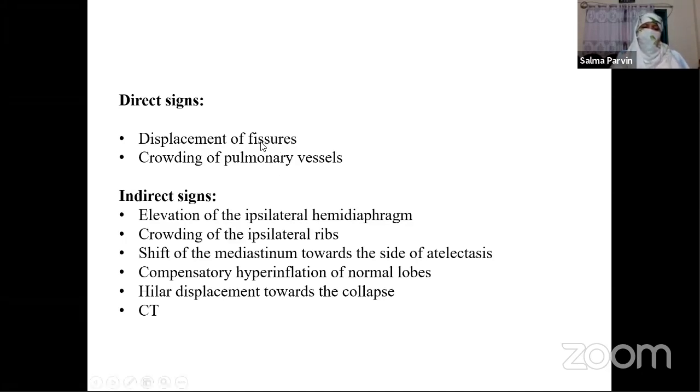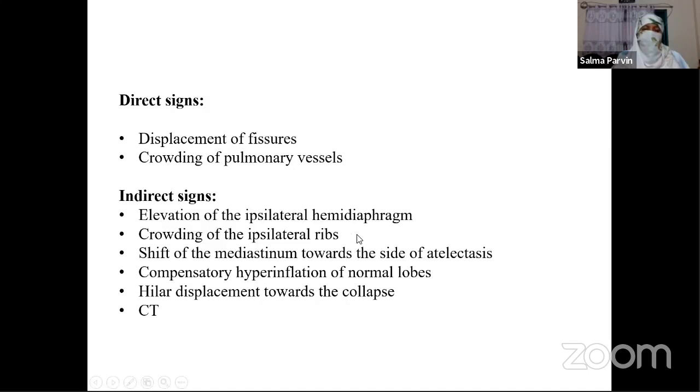There is some text information described here as direct and indirect signs of collapse seen in the chest. So displacement of the fissures and crowding of the pulmonary vessels are the direct signs of the collapse.